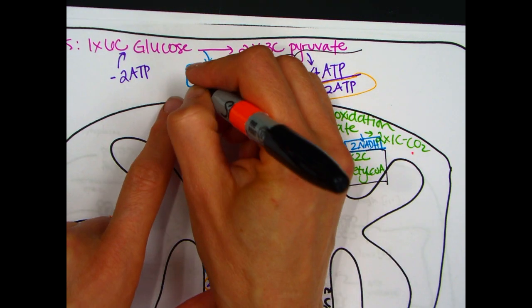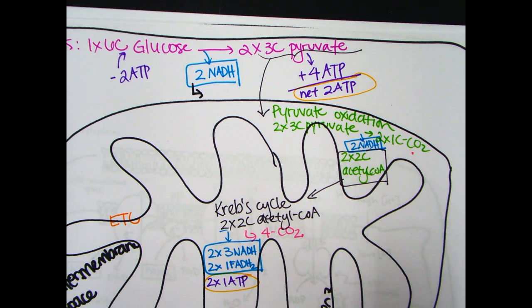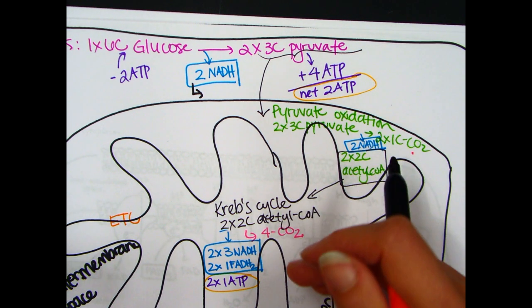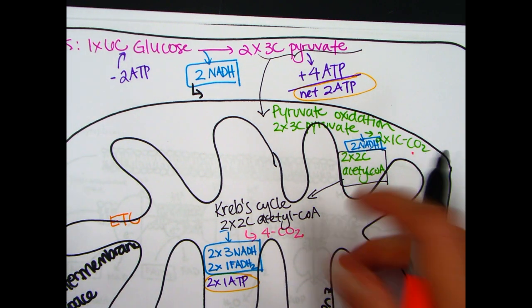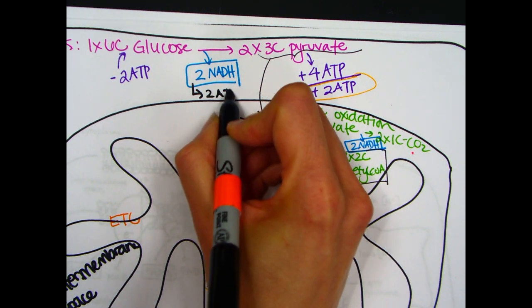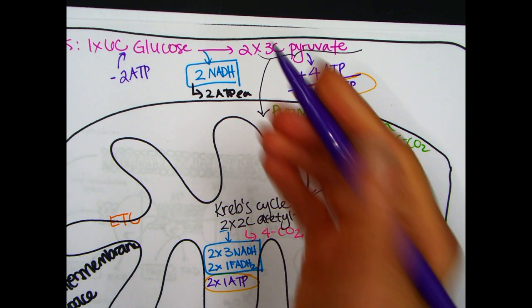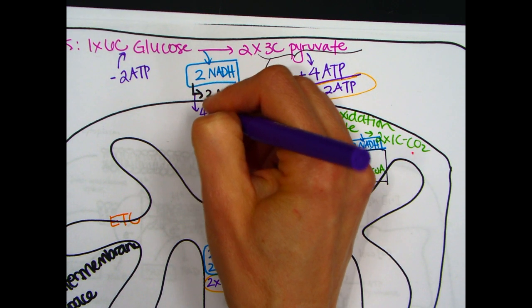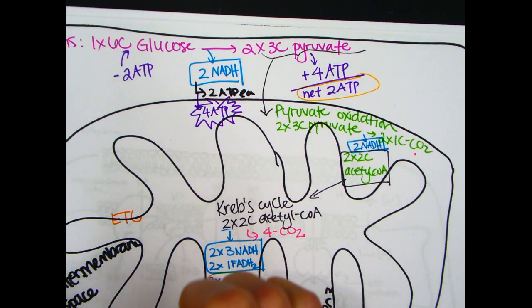These two NADHs, because they are made in the cytoplasm, some energy is lost in transferring them inside the mitochondrion in order to be in the electron transport chain. So these are going to make 2 ATP each. So from these two, we're going to eventually get 4 ATP. Okay?